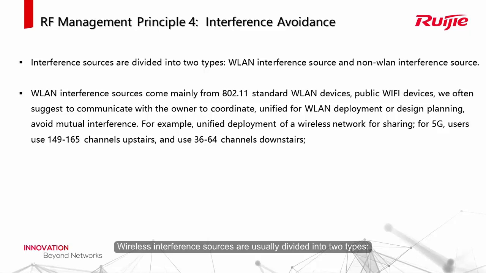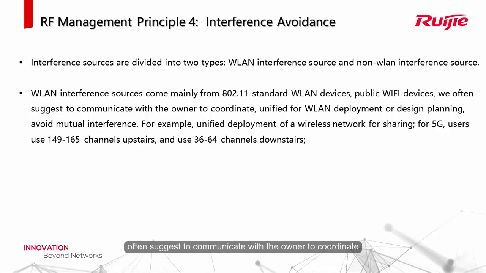Wireless interference sources are usually divided into two types, WLAN interference sources and non-WLAN interference sources. WLAN interference sources come mainly from 802.11 standard WLAN devices, such as home wireless routers, TP-Link, and other public Wi-Fi devices.